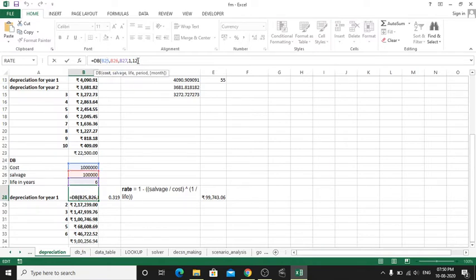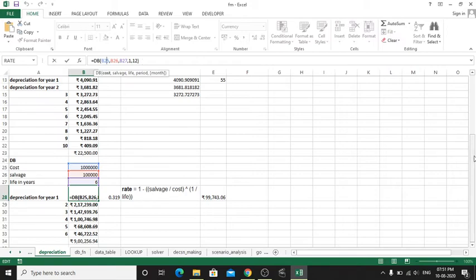If we are finding semi-annual depreciation, the last argument will be 6. If quarterly, the last argument will be 4. Since we are finding the depreciation for year 1, year 2, and so on, we pass the month as 12. This is how we calculate the depreciation amount using the declining balance function, that is the DB function.